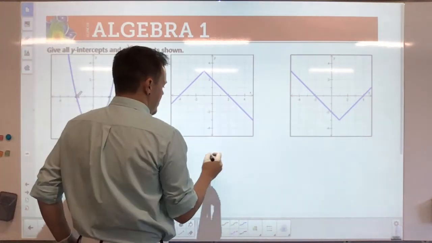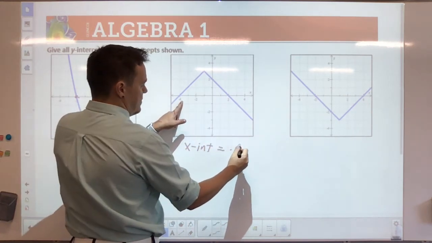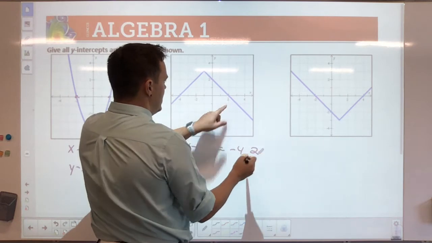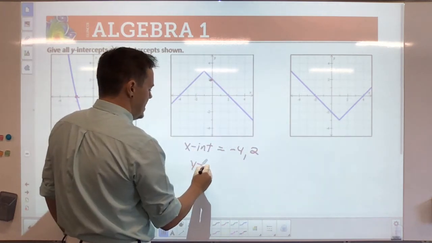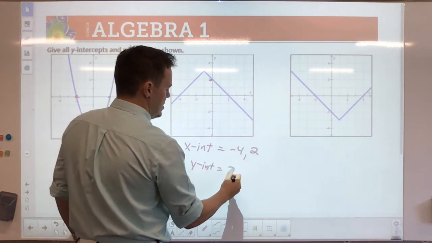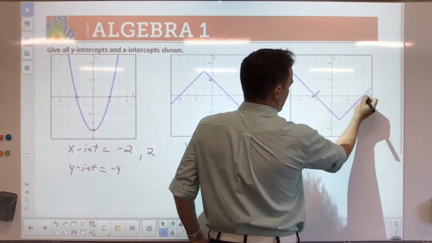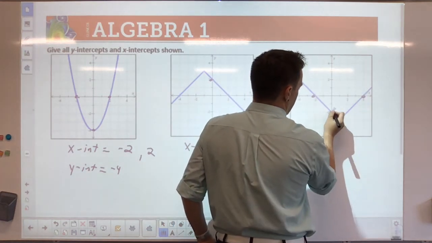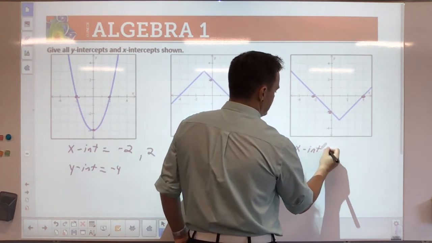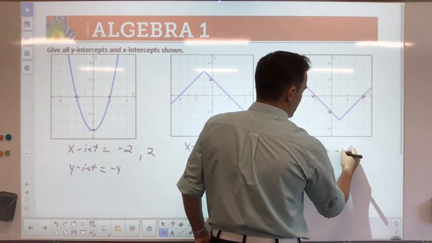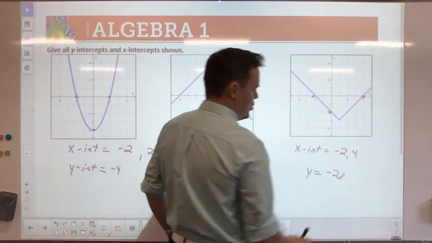All right, here, my x-intercepts are -4 and 2, and then my y-intercept will be right here, where my y-intercept is at 2. Simple enough, not too complicated. Then here, my x-intercepts are -2 and 4, and then my y is -2.